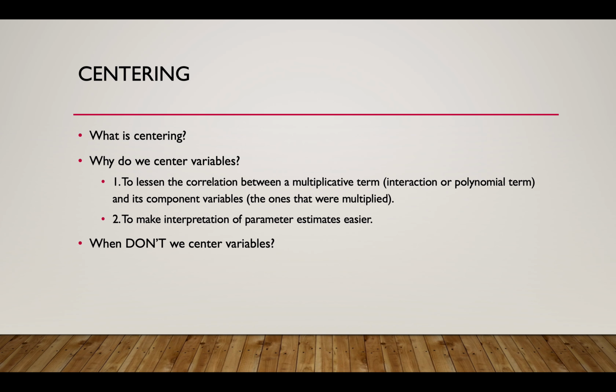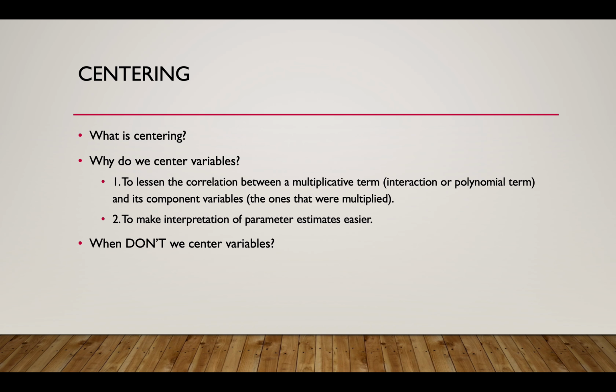I would also say that it is a bad idea to center when you have multiple conditions. Certainly, contrast coding works well when we have multiple conditions, and we talked about that in ARM 2. We're not going to do as much with contrast coding in this class, but if you have categorical variables, then I would advise against centering.